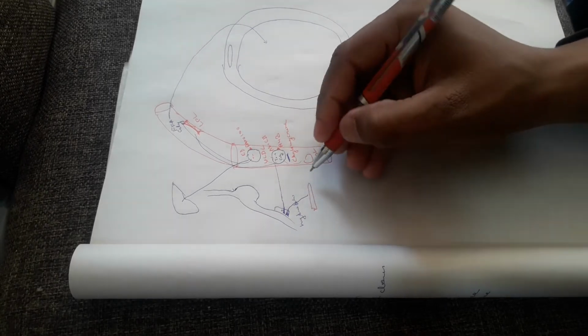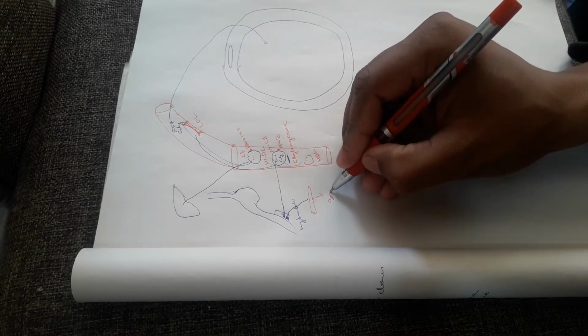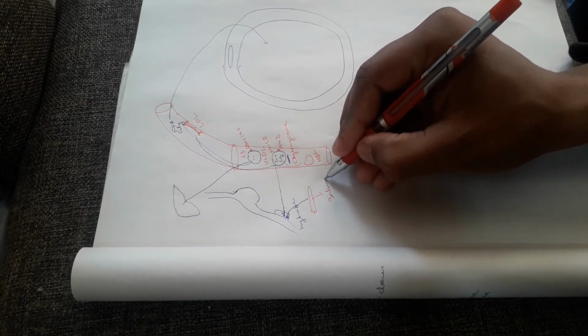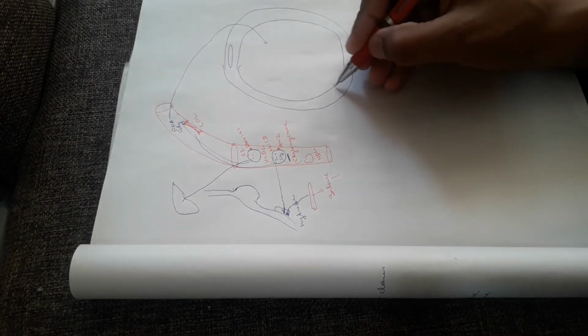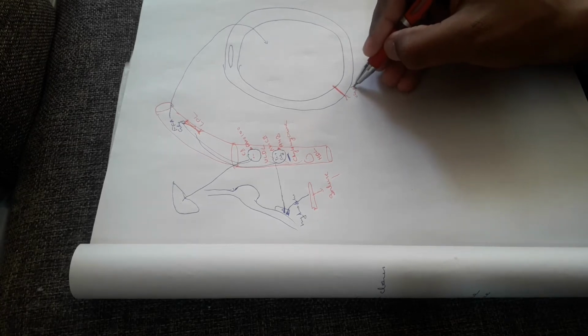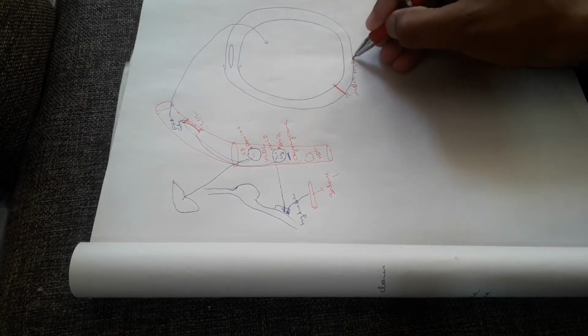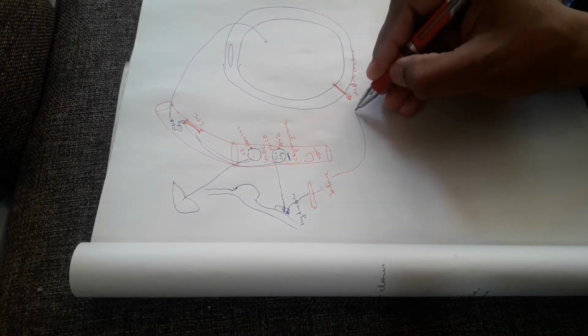Here is the pancreas. Then the pancreas secretes a very famous peptide hormone known as insulin. Insulin goes to the adipocyte cell. There is an insulin receptor present. This insulin goes and binds with the insulin receptor.